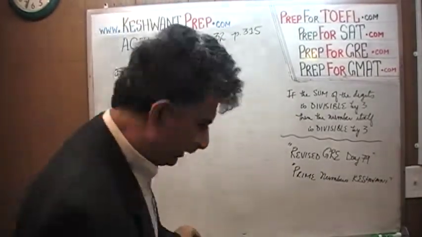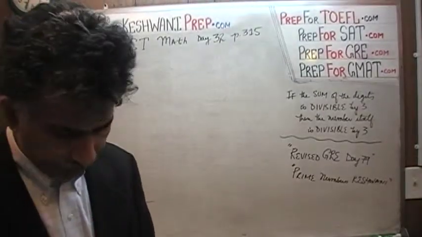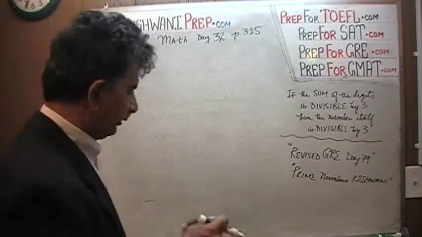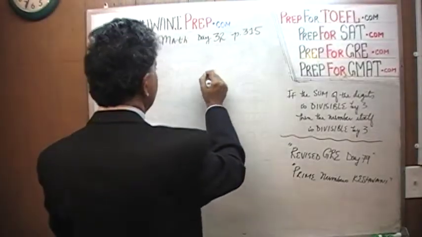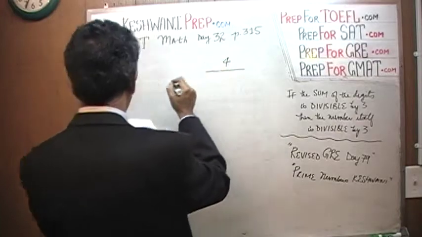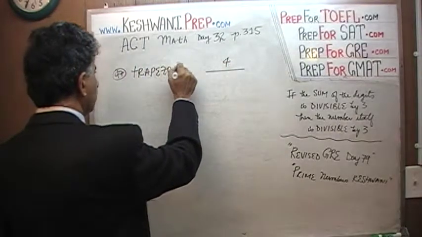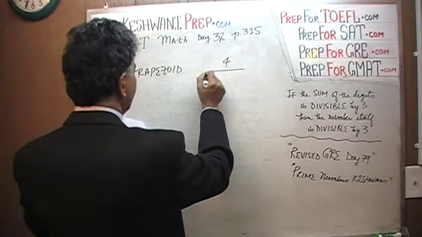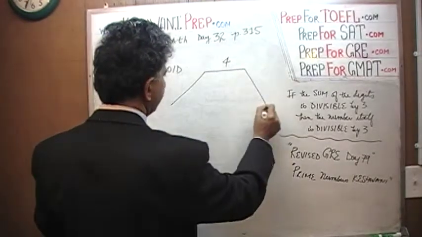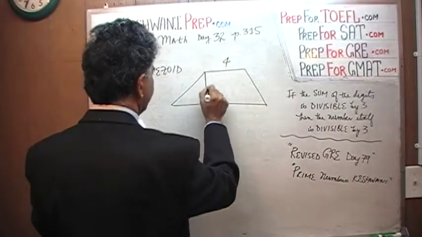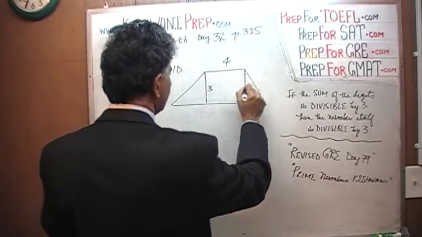In number 47, we are given a picture here, which I'm going to reproduce. The picture looks something like this. This side we are told is 4. We are dealing with the trapezoid. That looks something like this. There is this side, there is that side. We are told that this height is 3.